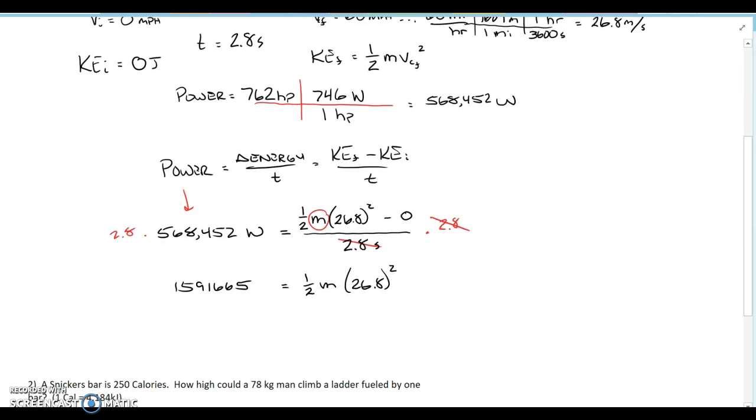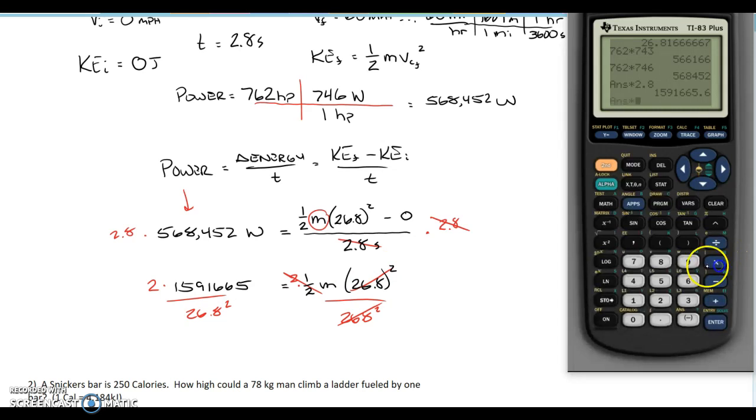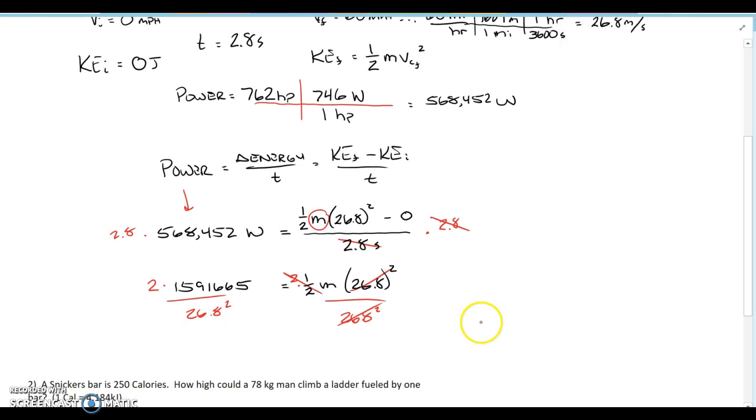I'm going to multiply by 2 to eliminate the half, and I'm going to divide by 26.8 squared. And that eliminates and gets the mass by itself. So I'm going to do times 2 and then divided by 26.8 squared. I don't have to worry about parentheses because order of operations does the exponents first. And I end up getting a mass of 4,432 kilograms.